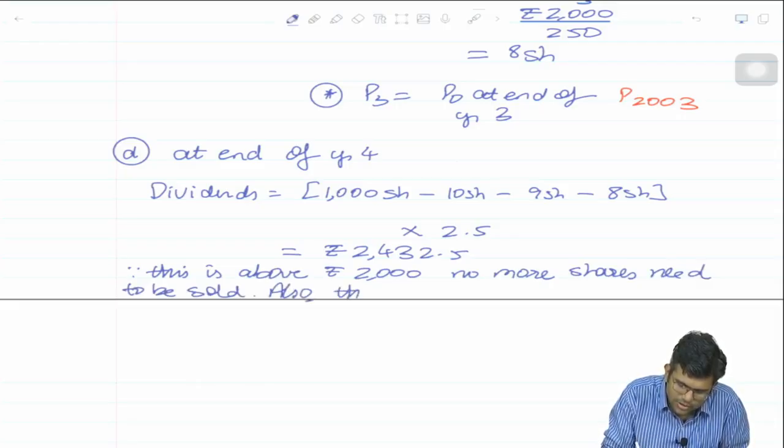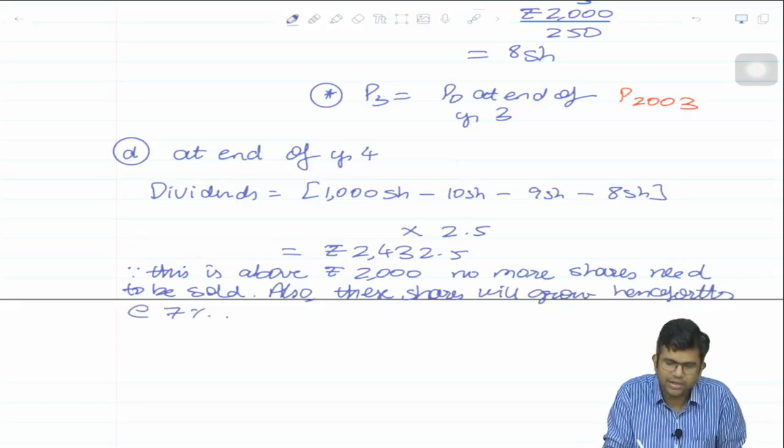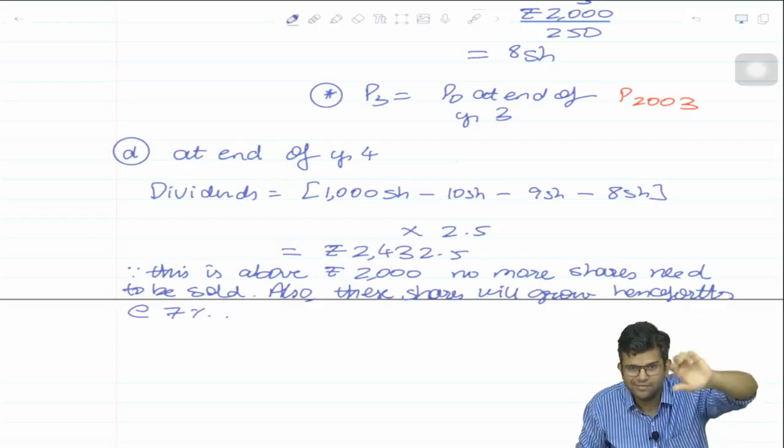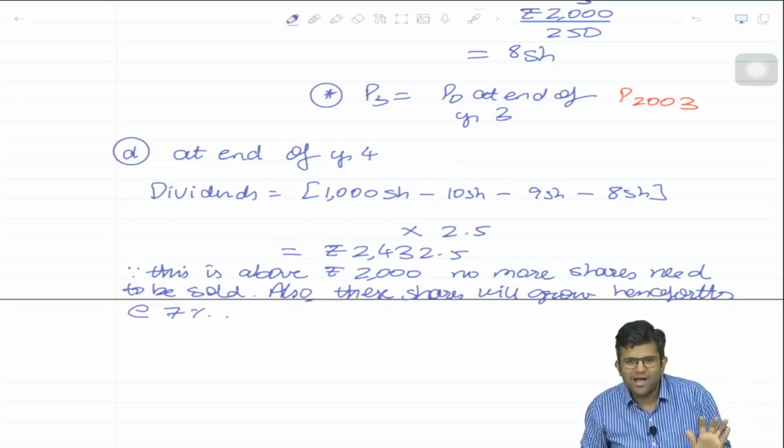Also, these shares will grow henceforth at the rate 7%. So can I say future also nothing to sell now? Everybody clear now? You are safe. All done. Marked safe during new project.